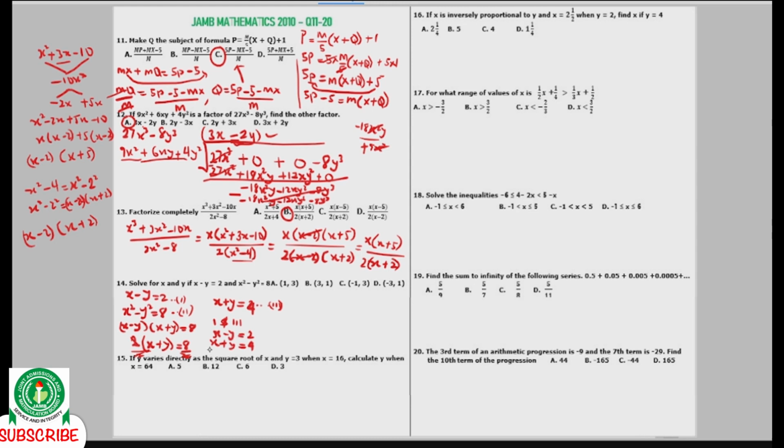How do you solve it simultaneously? By using the elimination method. You draw a line like this and put a minus sign. X minus x eliminate each other because x minus x is 0.